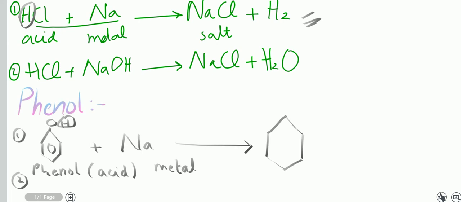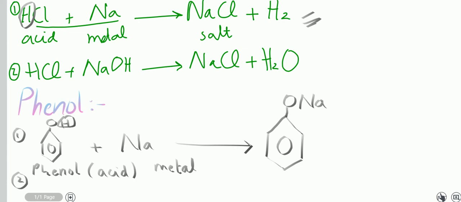The H will be removed, and in the place of hydrogen we are going to have the metal. This right now is the phenoxide ion, right? And now we have this. So what would be the name of this compound?